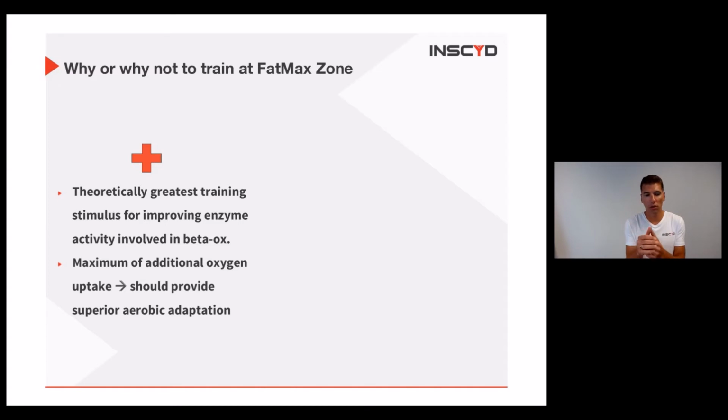Everybody who owns a performance lab or has done a test attached to a metabolic cart knows that the RER, the ratio between CO2 and VO2, is used to determine approximately the fat combustion. What it basically looks at is the additional oxygen needed to prepare fat so that we can use fat as a fuel.